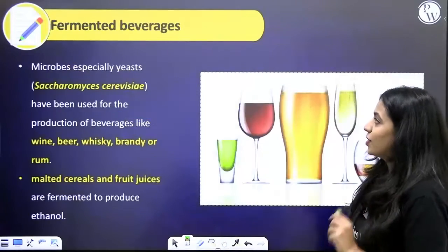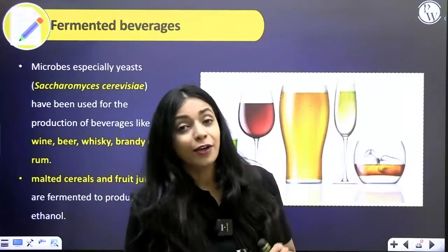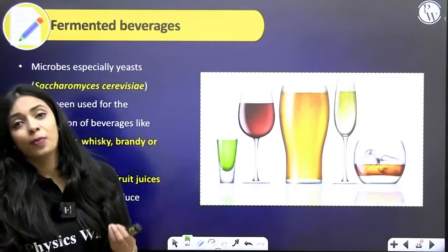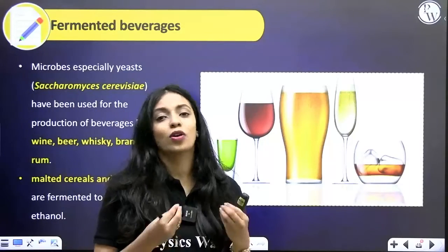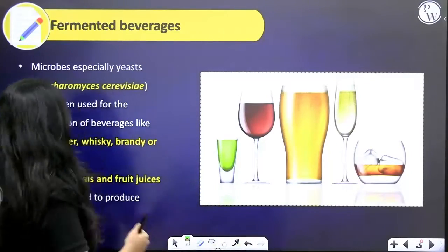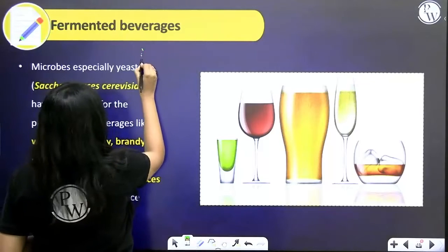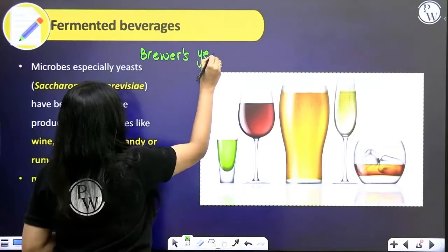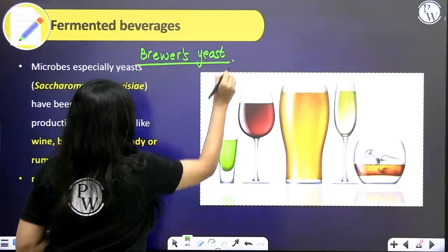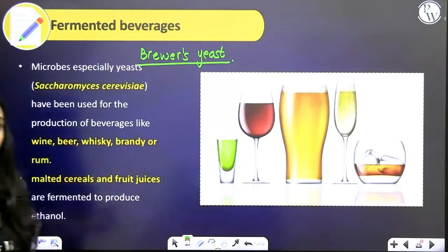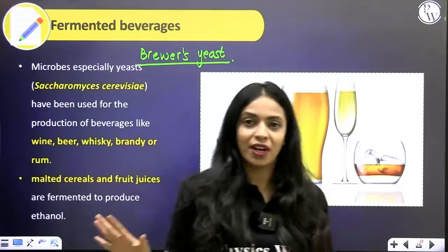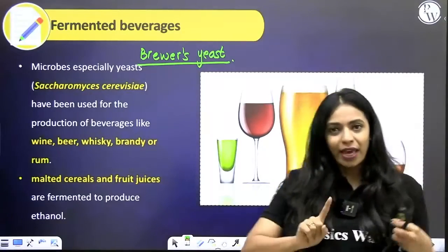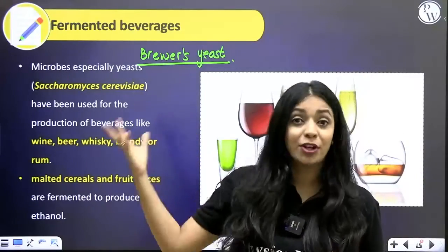All right, now let's talk about fermented beverages. I told you about Saccharomyces cerevisiae when we spoke about the baking industry, right? The same Saccharomyces cerevisiae, the unicellular yeast or fungus, is used in the brewing industry as well, because of which it is also called brewer's yeast. I'm sure you've learnt about alcoholic fermentation in 11th grade under anaerobic respiration, where pyruvic acid gets converted to ethyl alcohol and carbon dioxide is released, right?